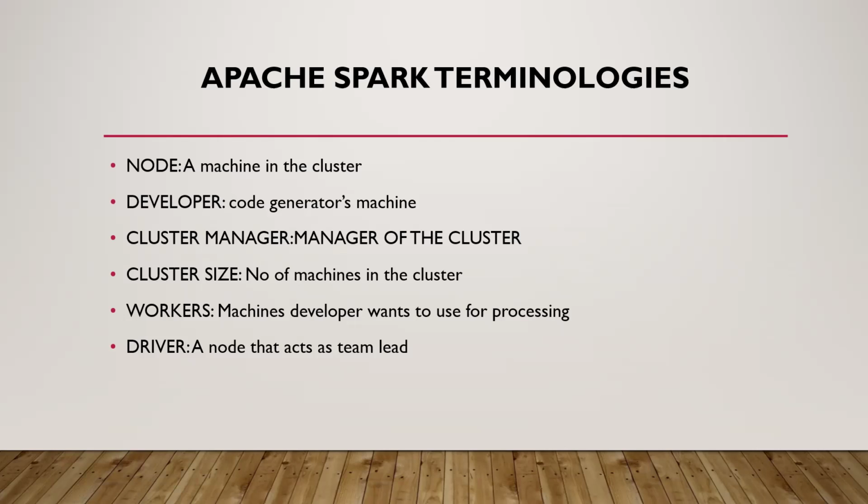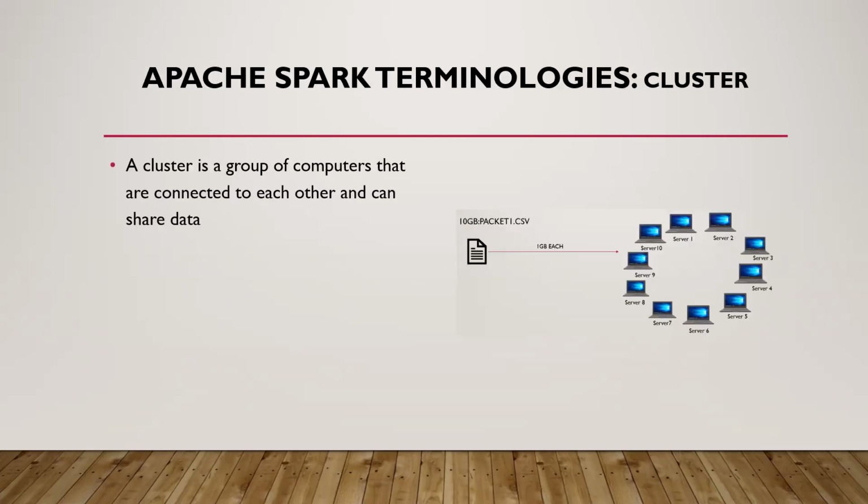Now the workers. Let's say like the cluster I showed you here, we have 10 machines in this cluster. If I have data that is just 10 gig, saved after using Wireshark to capture packets, and I saved the name as packet1.tsv, and I share this 10 gig amongst these 10 computers, each of them will get only 1 gig, right?